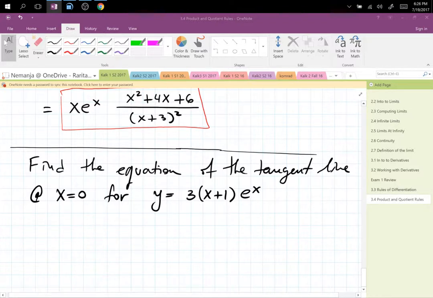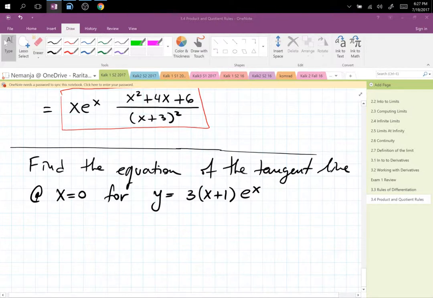Does anyone remember from yesterday what is the procedure for the tangent line? No limits. We have quick formulas. What are the steps for the tangent line?